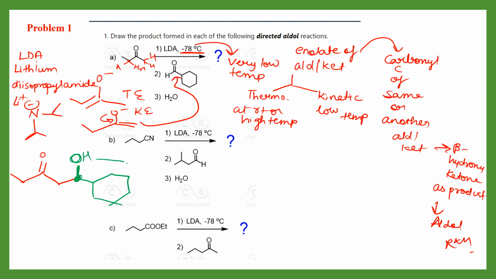This part came from your cyclohexane carbaldehyde, and since the workup is given as H3O plus, it will form this beta hydroxy. Since heat is not given and no H plus source is there, we don't have to form any alpha beta unsaturated product. So for A, this is our final product.